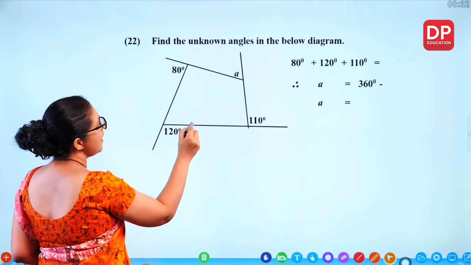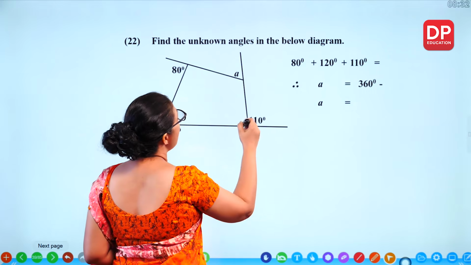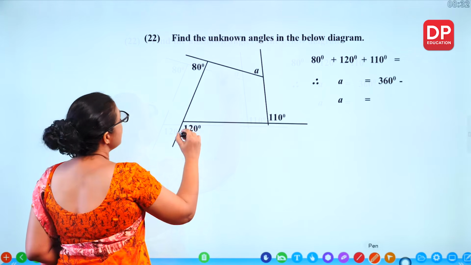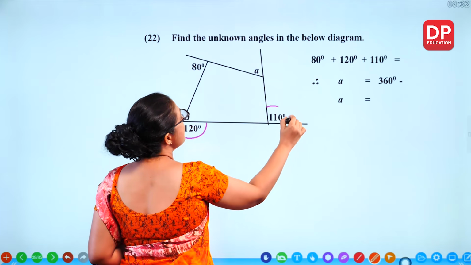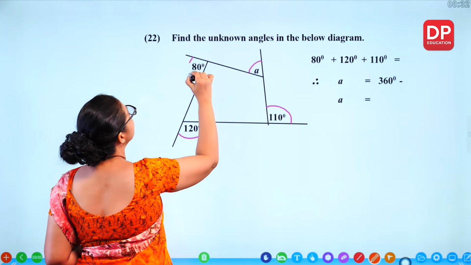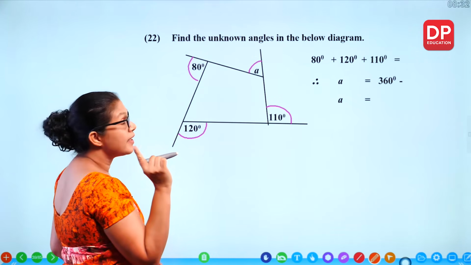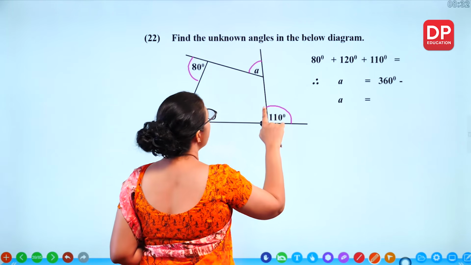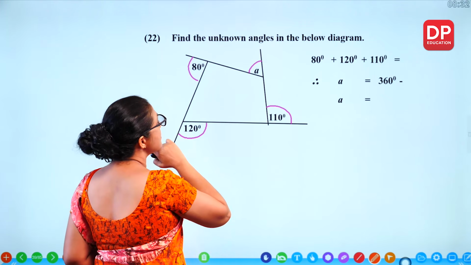So this is a quadrilateral, extended lines anti-clockwise way, and then these are the exterior angles. Now what can you say about these angles? The sum is 360.